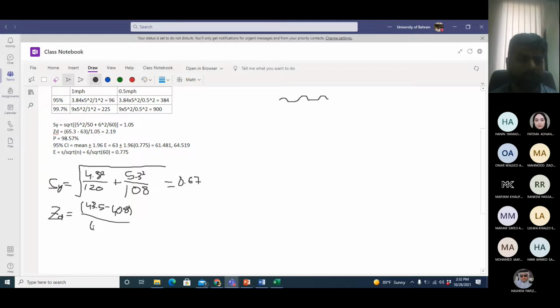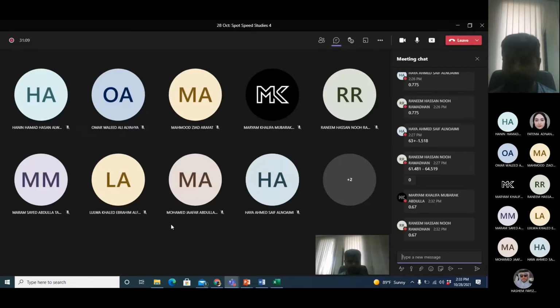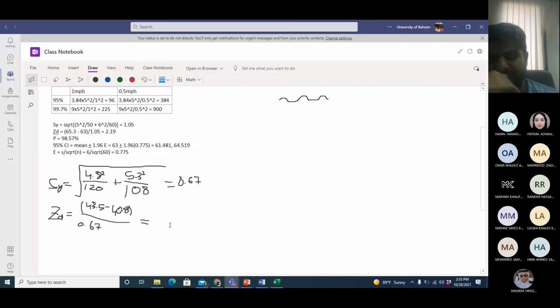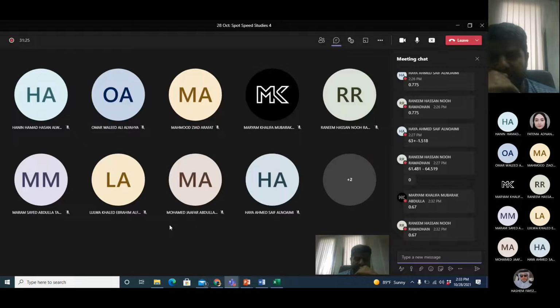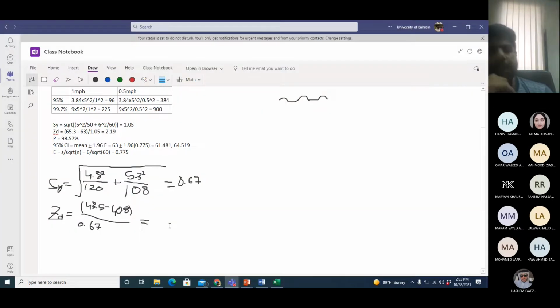And then you will use 0.67 here. How much is it? ZD is 4.03.